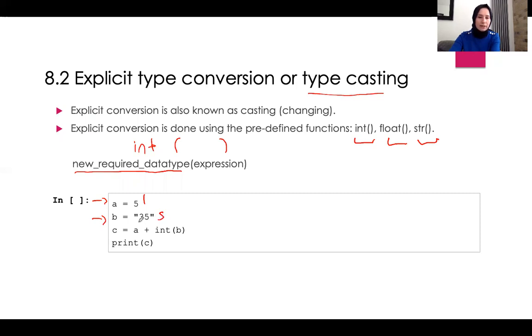We have to cast b to an integer value, as you can see here, so that this calculation can be made. When we run this piece of code, it works fine now. It is because of this casting, because we turned this string value into an integer. So this is what casting is about.